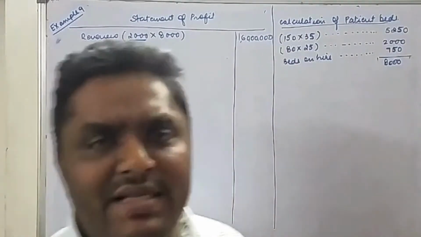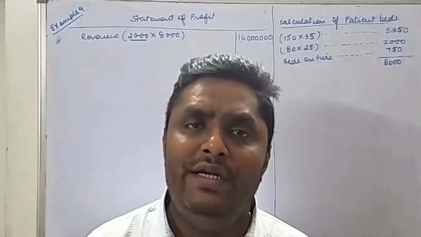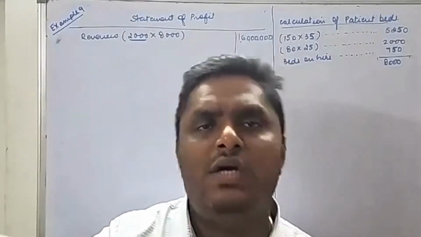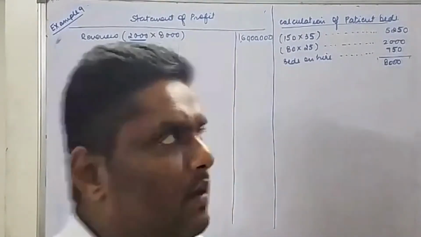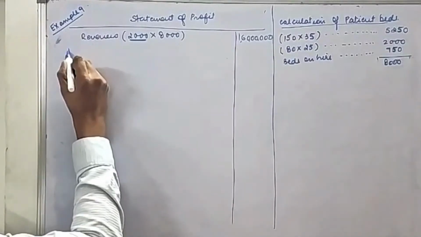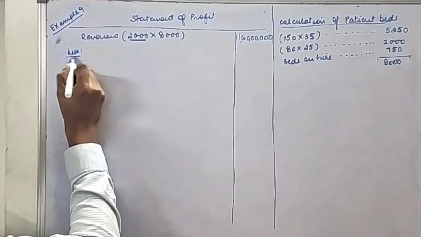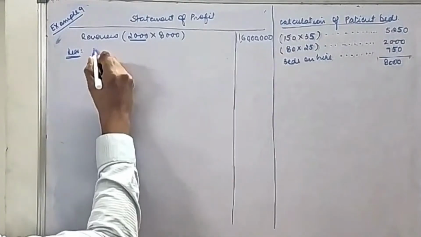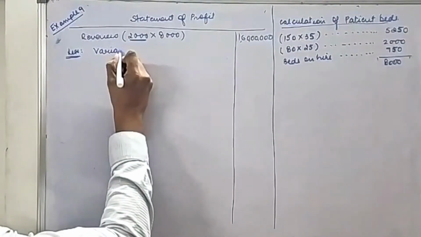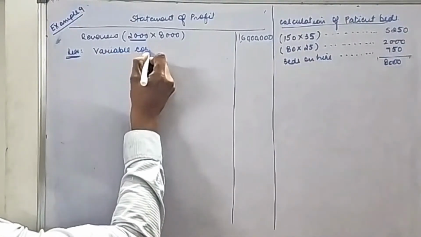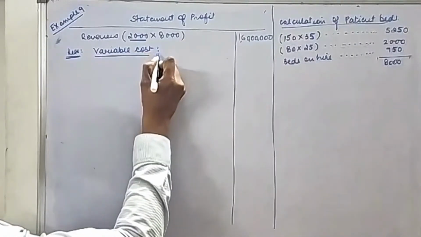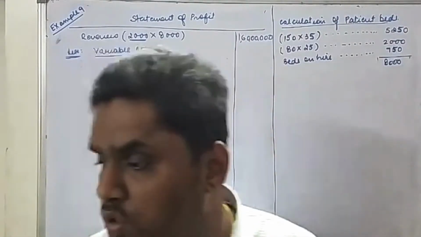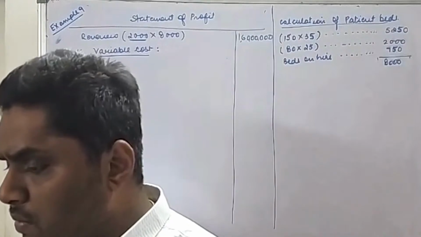Now the question is asking us to calculate the break-even point. So we will be calculating variable cost and fixed cost separately. So let's start with variable cost. Since we have to calculate the profit also, we'll subtract all the costs to calculate profit.